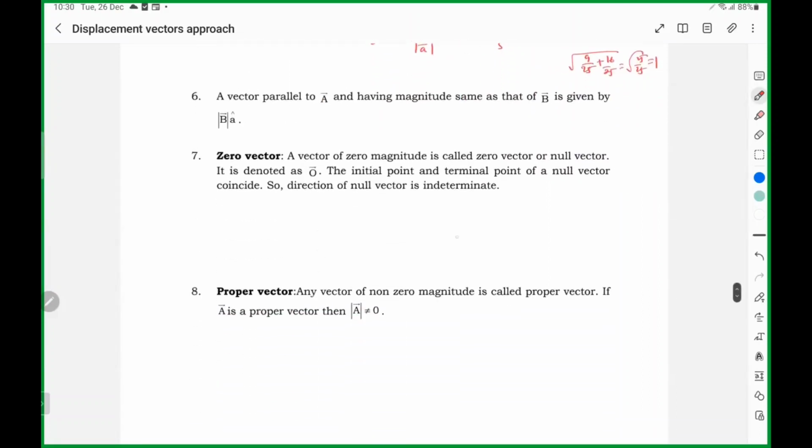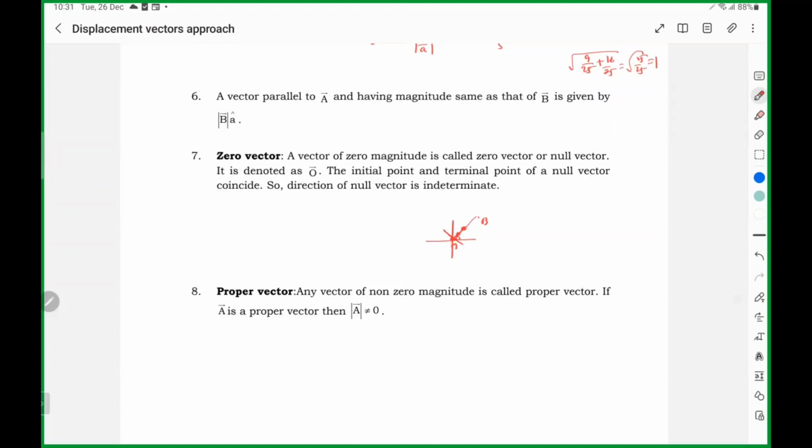If you take 2 points, you can decide the direction. Take another point, you can decide its direction. But if the same point is there, which direction, this direction or this direction?